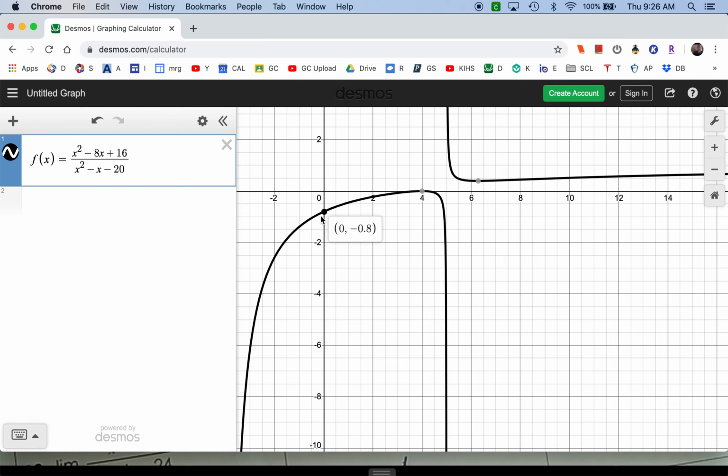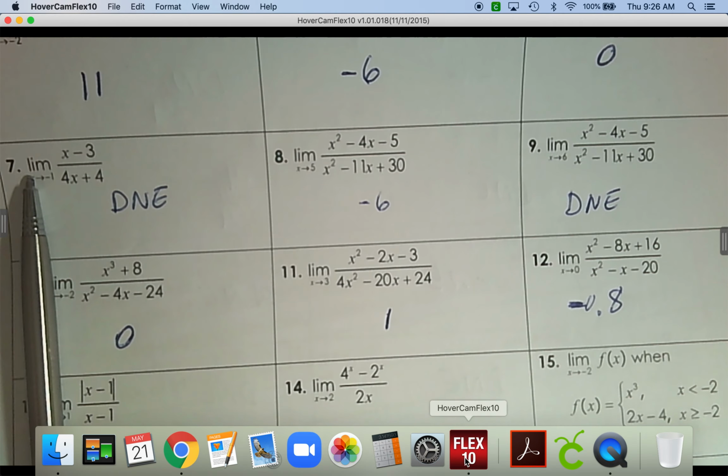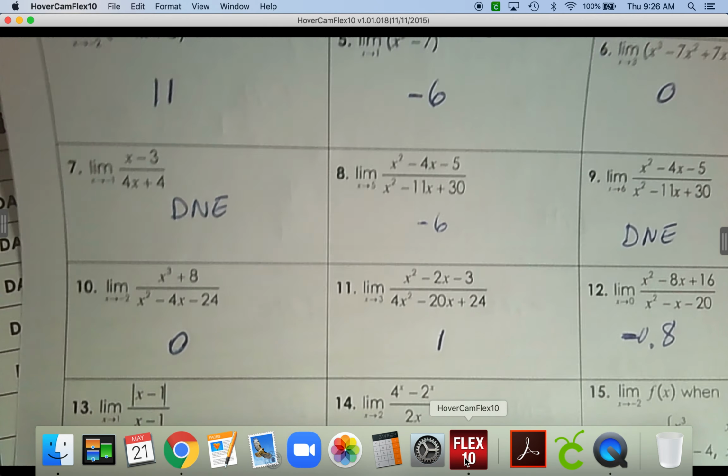And notice left and right both agree. And what's the y value there? It's negative 0.8. So the answer is just negative 0.8. You can put a 0 there if you like, just to know that we're on the same track. So here are the answers so far, up to 12.